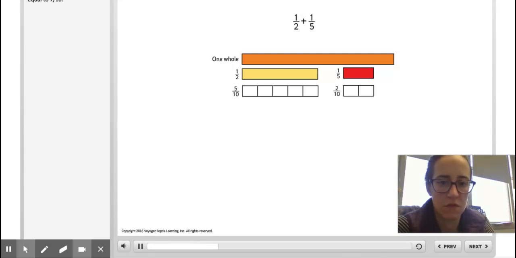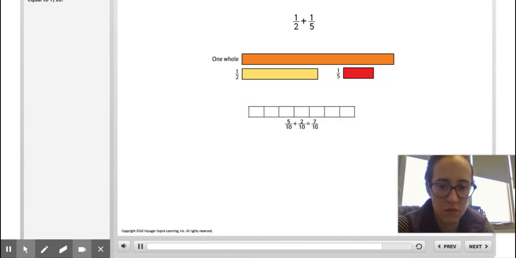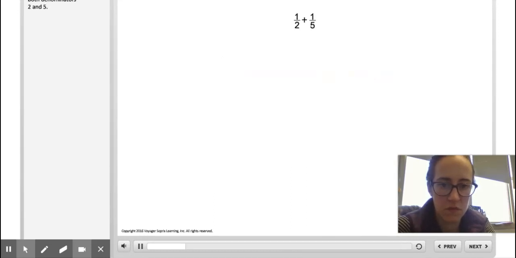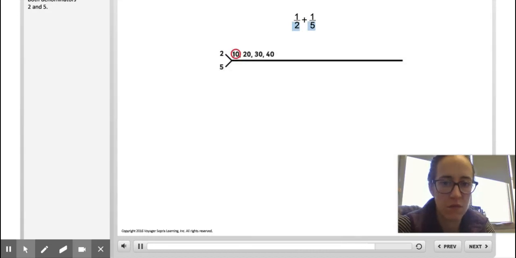If we put the white rods together, we get 5/10 plus 2/10 is equal to 7/10. So 1/2 plus 1/5 is equal to 7/10. Notice that the common denominator for 1/2 and 1/5, 10, is a multiple of both denominators, 2 and 5.